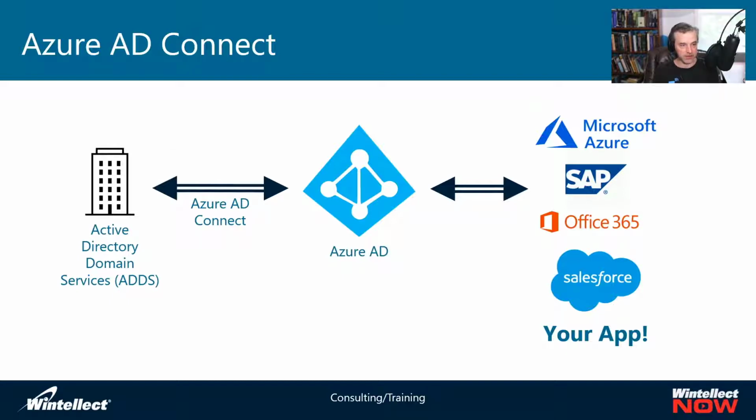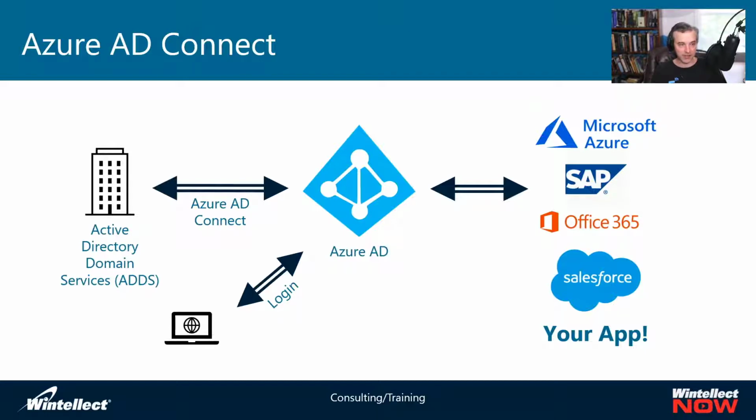And you would then stand up Azure AD Connect, and from there, your users can authenticate against Azure AD using their domain credentials from Active Directory because of Azure AD Connect. And then when they log in, they can log on to those applications there on the right that are integrated with Azure AD.